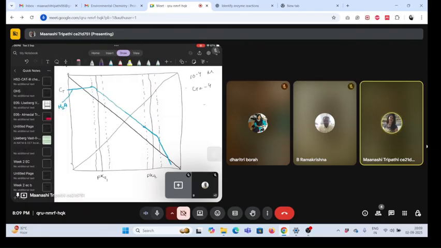Let's see now how this HA was changing. So HA is similarly at the Ct line, but between these points it was a straight line. What was the equation here? It was log HA is equal to log Ct.